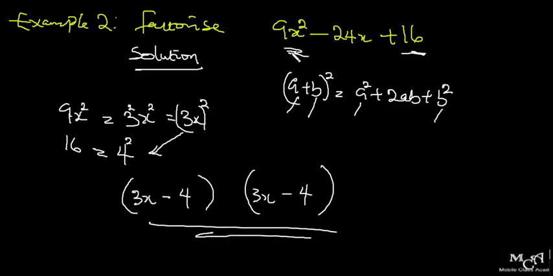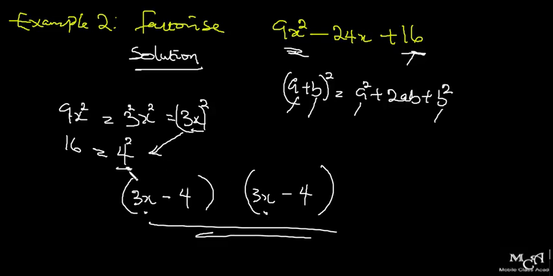I picked the first term, I broke it down into a perfect square, which gives me this. Then I picked the second term, broke it down into a perfect square, which is this. Now, because we have minus, whenever we are breaking it into two brackets, we need to consider the minus. So this is 3x twice. I put the first 3x in the first bracket and the second 3x in the second bracket.